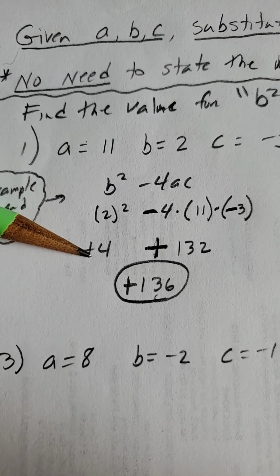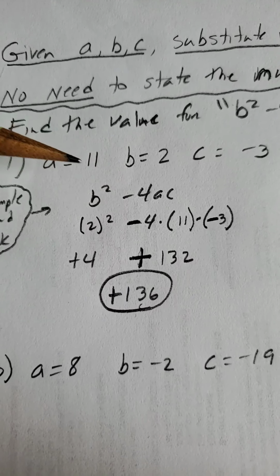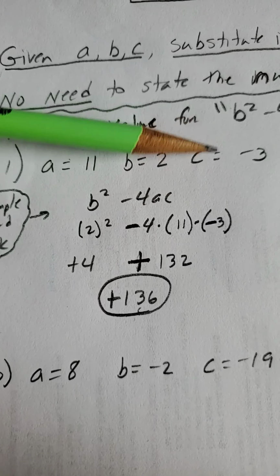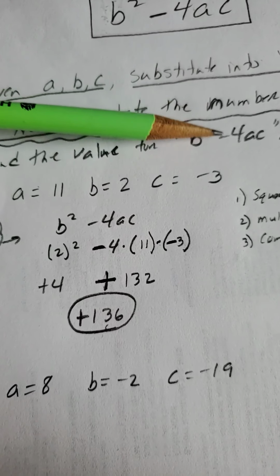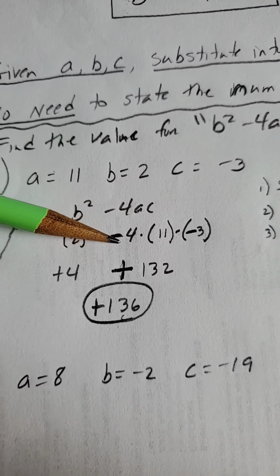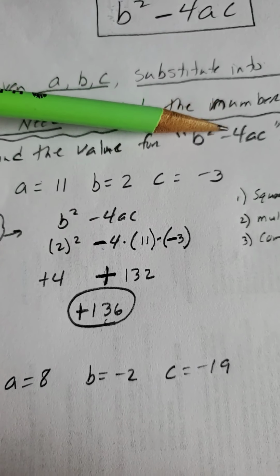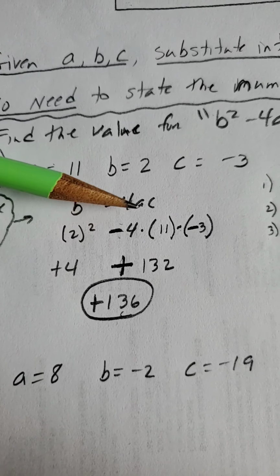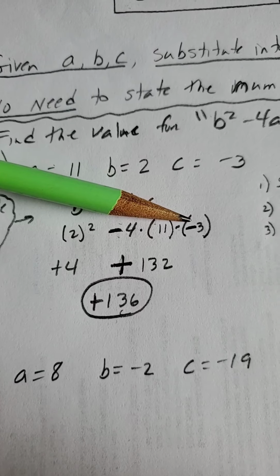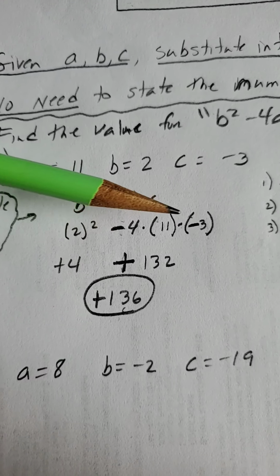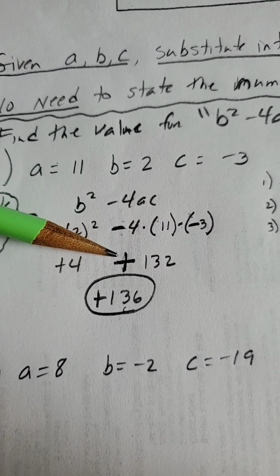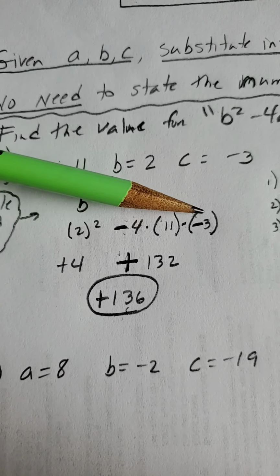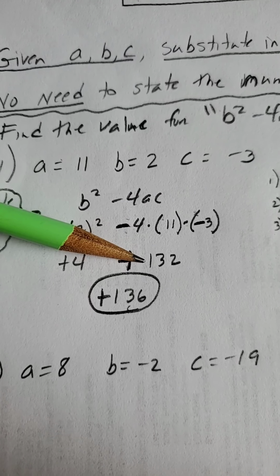That gives me 4. Since a is 11 and c is -3 and -4 is part of the formula, right? It's always there. I take -4 times 11 times -3. Remember, a negative times a negative is a positive. 4 times 11 times 3 is 132.